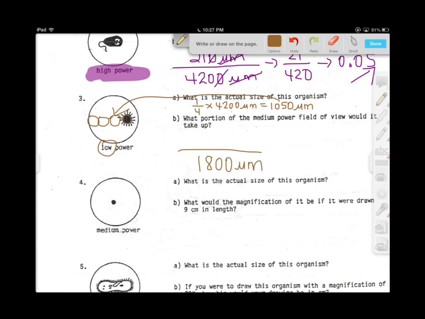So if we put him in there, now crank out the number, he's taking up about 0.58. Or you could say he's taking up about 58%, or just over half of the field of view. So if we looked at it, he would be like this big, if I was just sort of roughly drawing it.